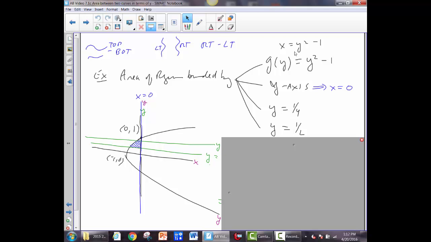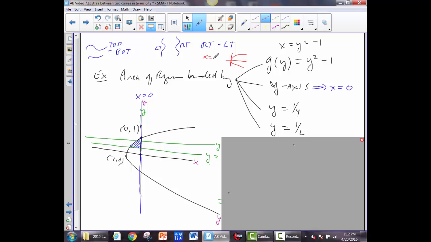So if you draw the picture, this is x equals y squared minus 1. You should know that x equals y squared would look like this, right? Okay, that would be x equals y squared. And then what happens is you're subtracting 1, but keep in mind it's x equals now.